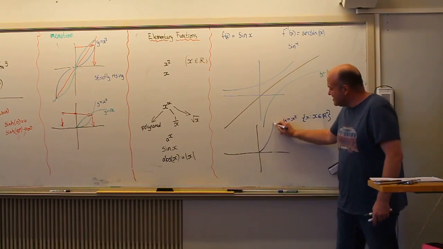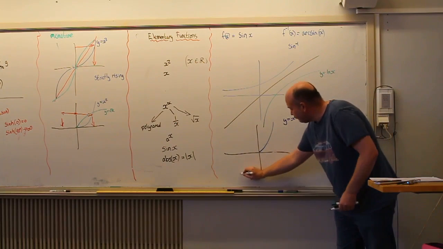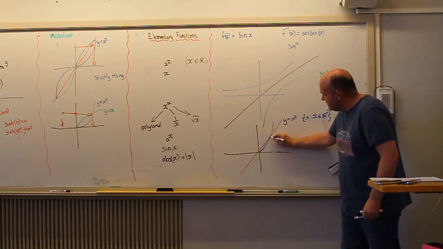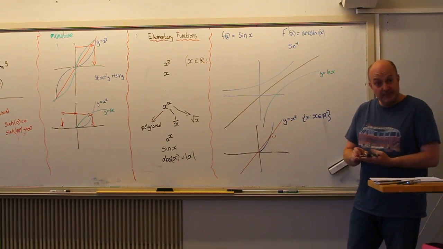So that's that function. And if we draw a line y equals x, that's the point 1, 1. That's through the line there.